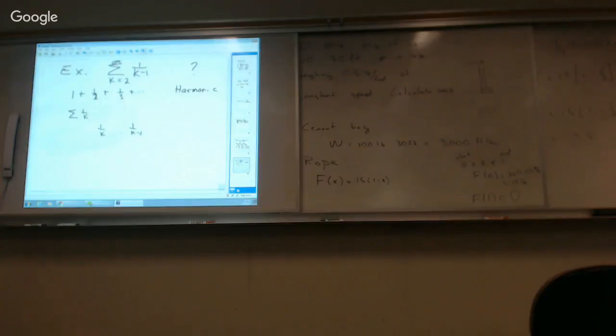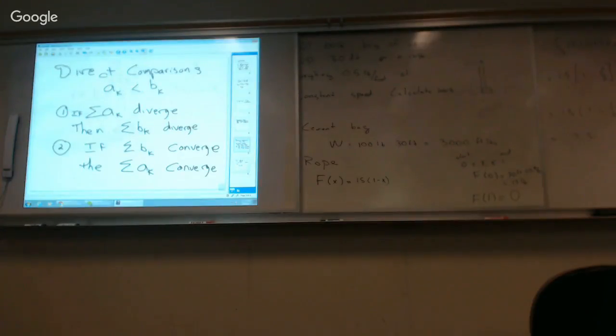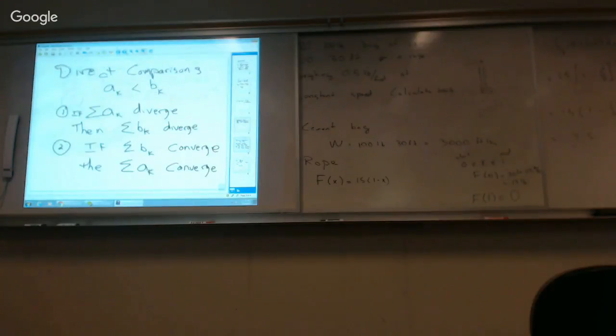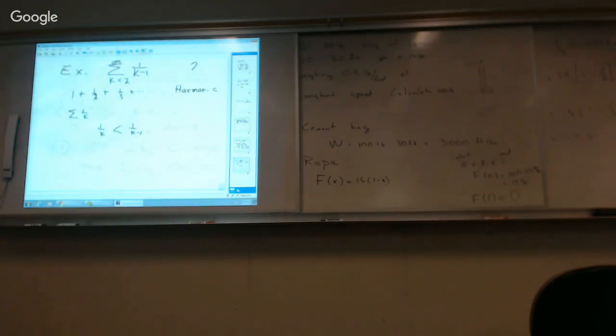Well, let's see. We made the denominator smaller here, which means the fraction bigger. So we get this direction right there. Okay, and so that's my inequality about the terms, the A_k, B_k. Now I know also that this as a sum diverges.